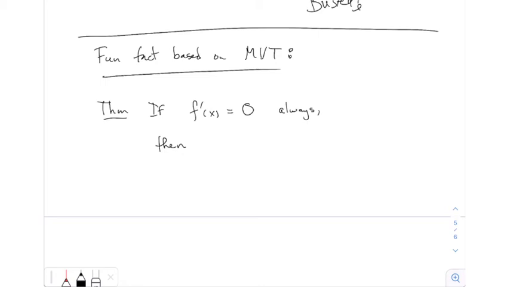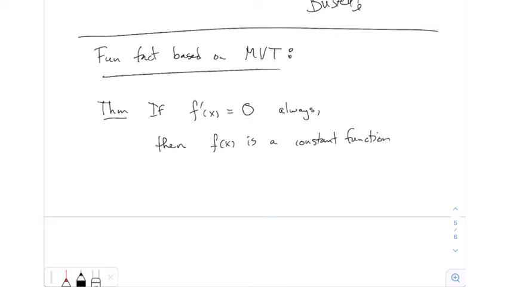You ever heard of a function whose derivative is always 0? It's horizontal. I was going to say as a formula for such a function, it's a constant, right? If I say the derivative is 0 always, then f of x is a constant function.